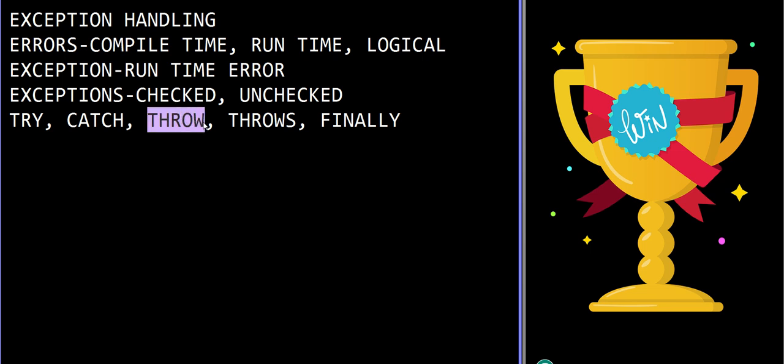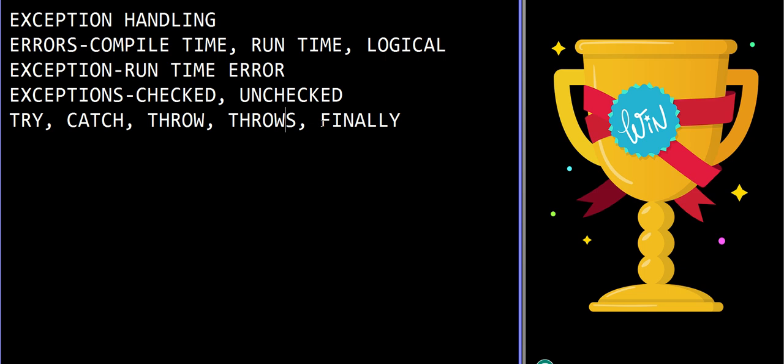Throw is used to pass an object of the exception class to the catch block, so whenever an exception occurs, it passes the exception class object. After that we have throws. It is used to declare an exception on a method, and it also handles the exception.